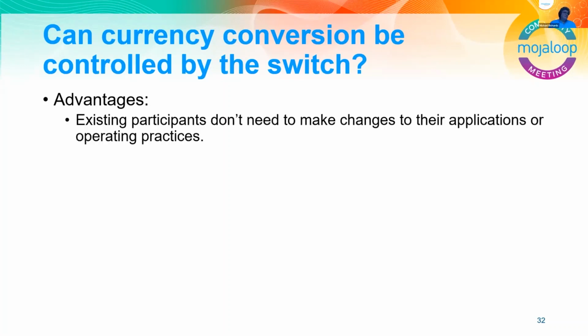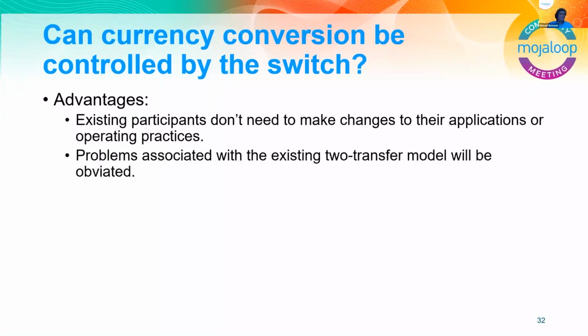Now, the advantages of that would be that existing participants in real schemes wouldn't need to make changes to their applications or to their operating practices. Second, problems associated with the existing two-transfer model would be removed. Pardon me, I think I'm allergic to the existing two-transfer model.